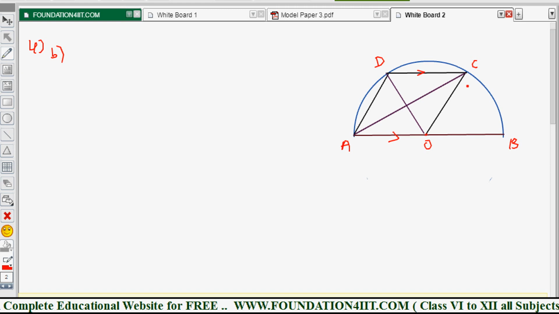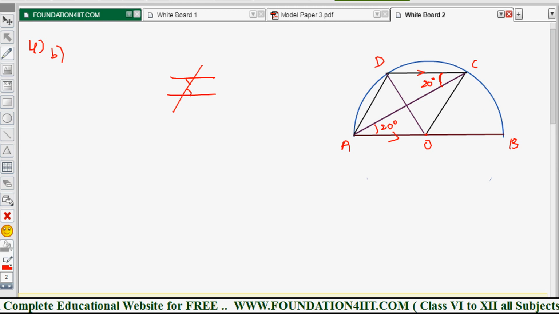If you observe, AOCD is a parallelogram, and whenever it is 20 degrees, we should know that whenever two lines are parallel and one is a transversal, for example, these two lines and the transversal, then these two angles must be equal. So alternate interior angles: if it is 20 degrees, you observe here angle DCA also must be 20 degrees. That is the alternate interior angles property.